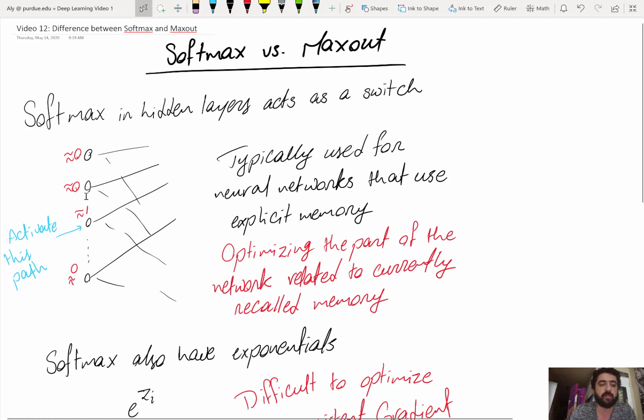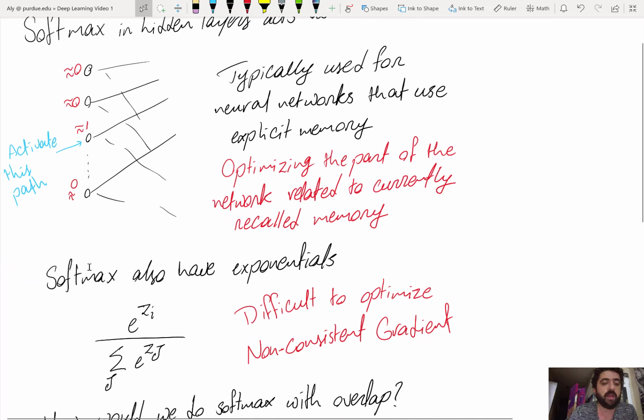Basically, you select multiple units in one layer, and then you apply the softmax function on them. Softmax takes every value, exponentiates it, and then normalizes it by the sum of the exponentials of all the units considered in the softmax activation.